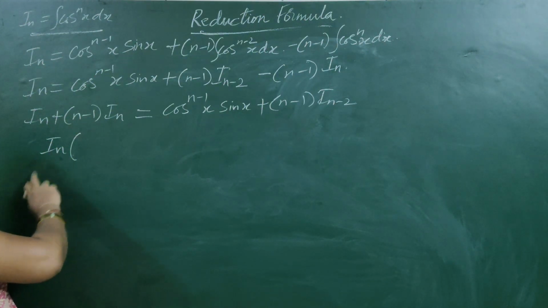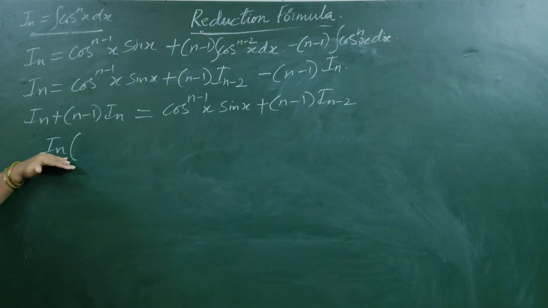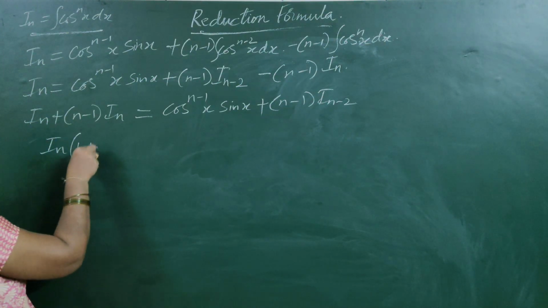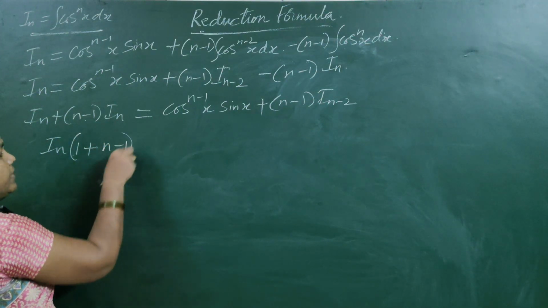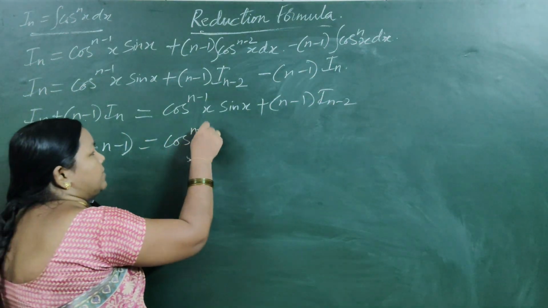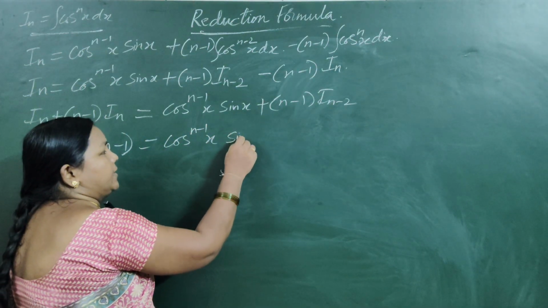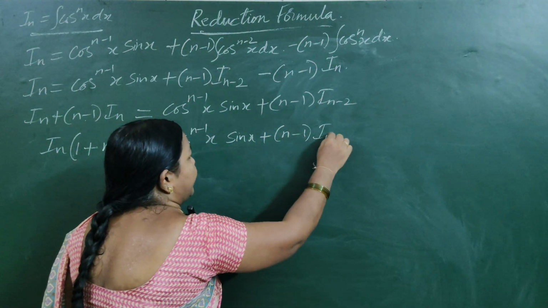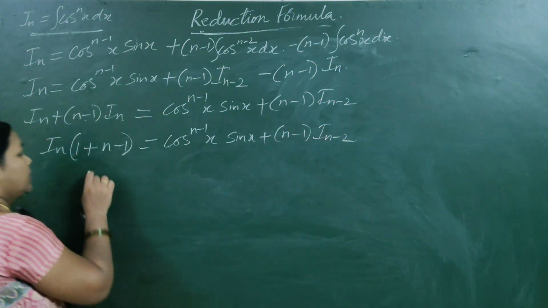When we take the common term outside, the remaining term in the first term is 1 plus n minus 1, and the second term is cos to the power of n minus 1 x sin x plus n minus 1 into I n minus 2.